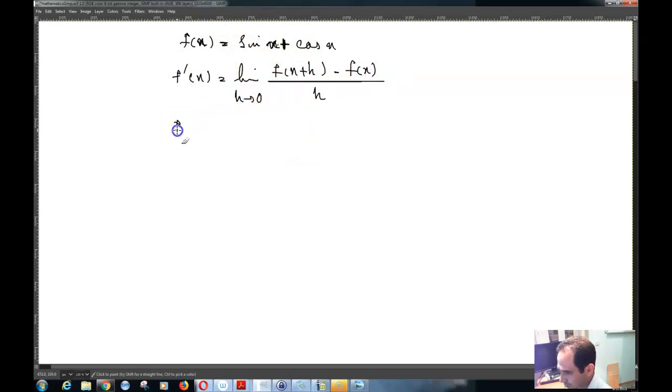Now over here, f of x plus h is equal to sine of x plus h plus cos of x plus h.